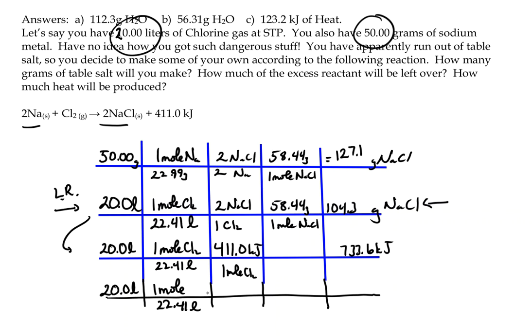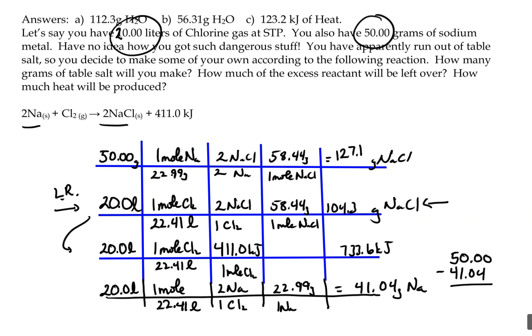So I'm going to say for every 1 chlorine, I need 2 sodiums, and then get grams of sodium this time. And what this tells me is I need 41.04 grams. What was given to me was 50. So if I subtract those two, what I'm going to have left is 8.96 grams of sodium that's in excess. Okay, that helps.